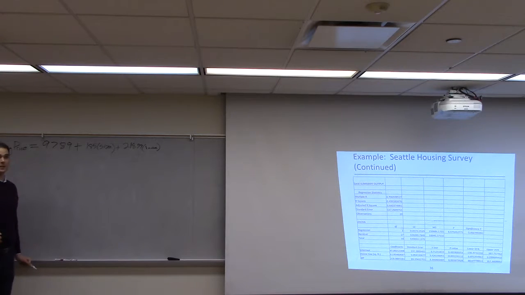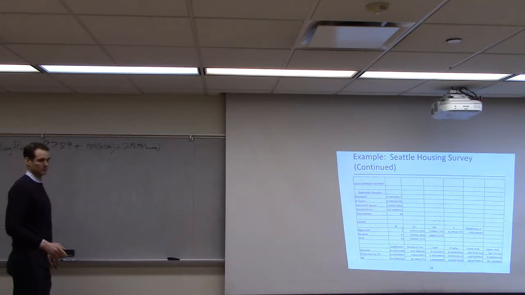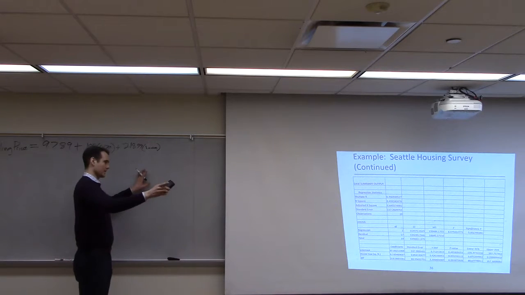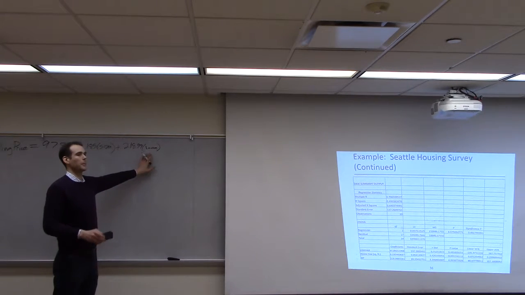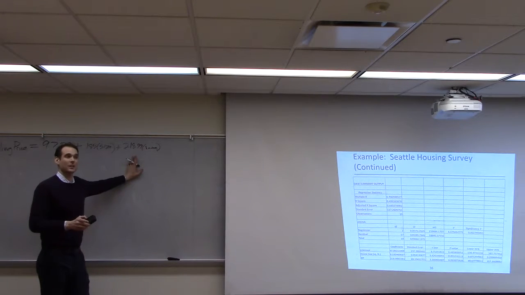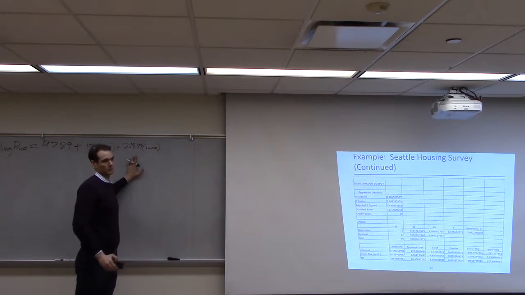Do I put in 12? 0? 1? 0 or 1. When do I put in 1? If the house is in zip code 98199. I put in 1 here, and how much would I expect my selling price to increase if I'm in that zip code?